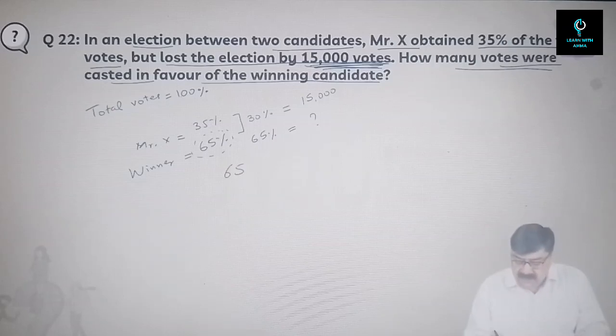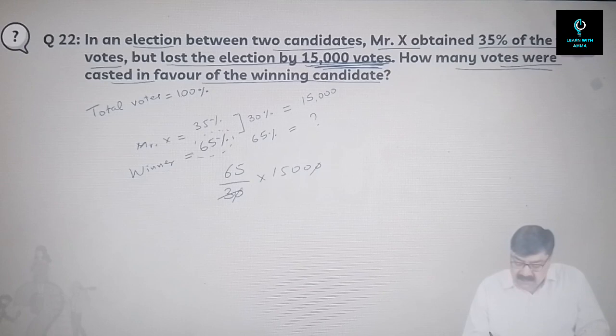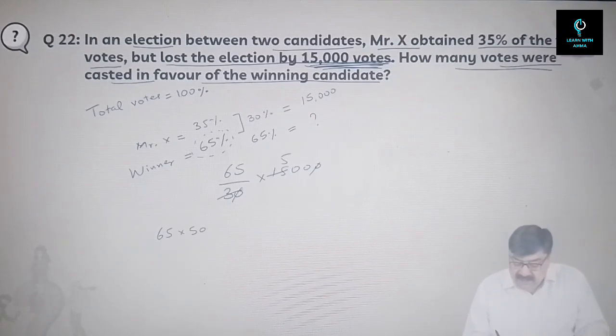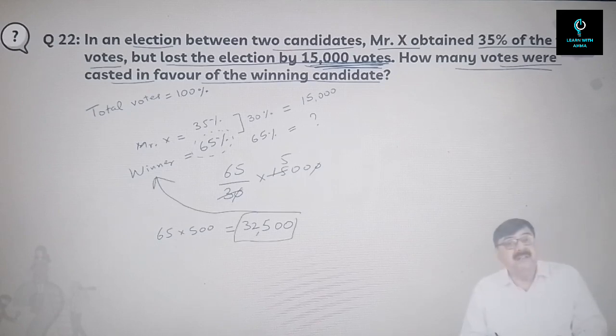So 65 by 30 into 15,000. Zeros cancel. 3 5s are 15. So 65 into 500 is what we get. And that is 5 5s are 25, 5 6s are 30, so 32,500. These were the votes which were casted in the favor of the winning candidate.